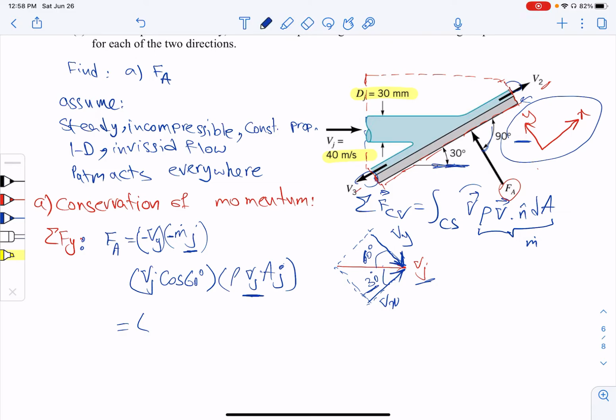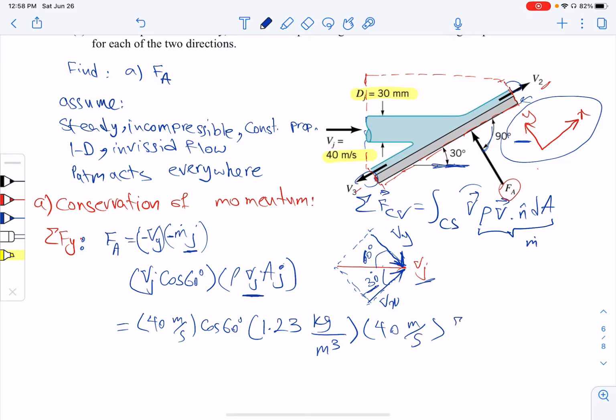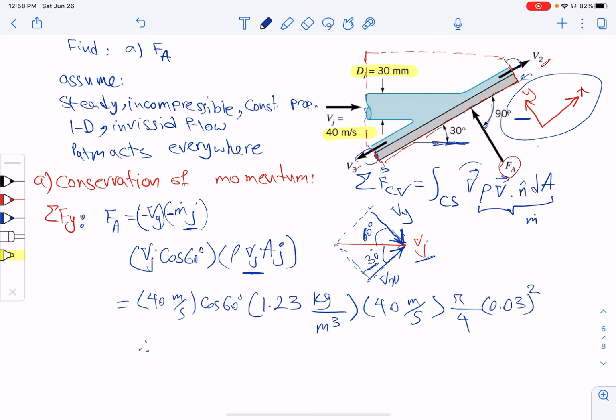For Vj, I have 40 meter per second. I have cosine 60 degree. The density, I have 1.23 kilogram per meter cubed. I have the velocity of jet is 40 meter per second. I have pi over 4 times the diameter squared for the area of jet, and from here I'm going to get Fa as 0.7 Newton, right?